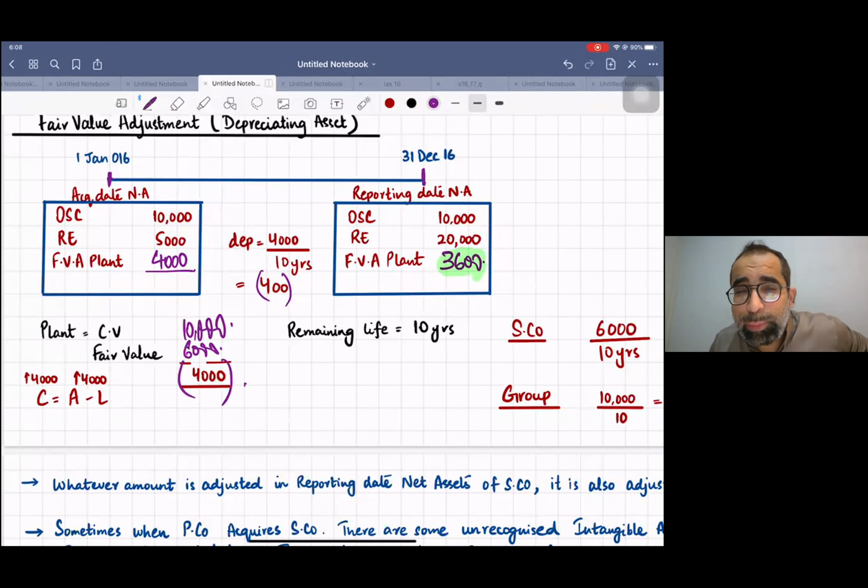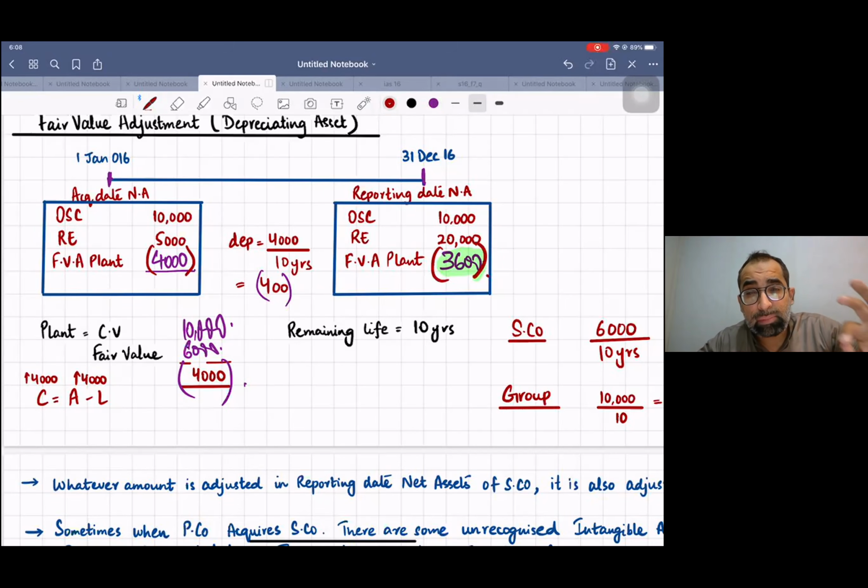Now how are you going to account for this downward fair value adjustment? Exactly the same treatment, just with a negative sign. You will just write 4,000 negative here and 3,600 negative here.